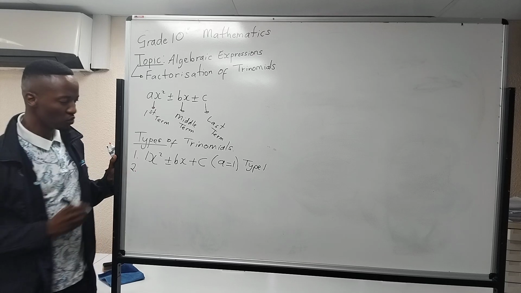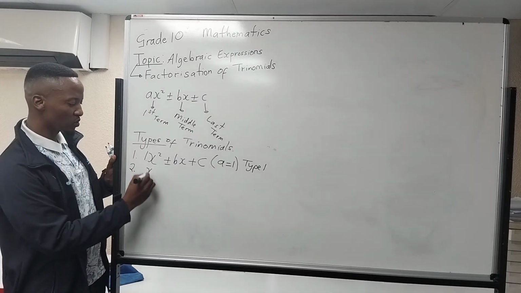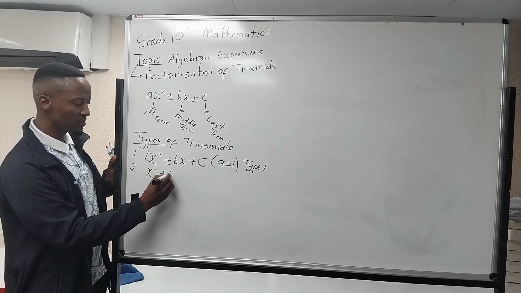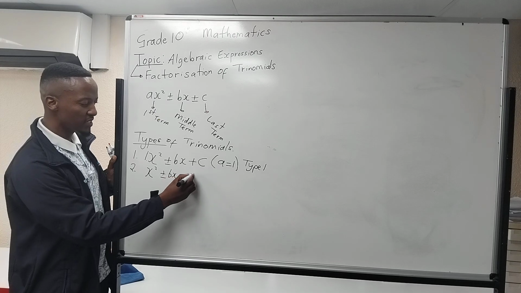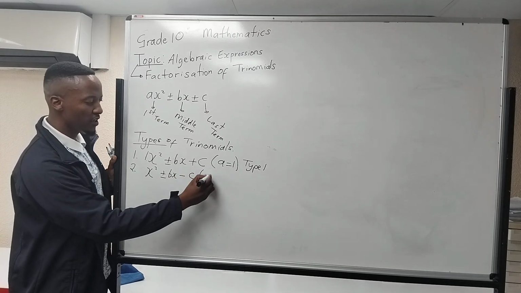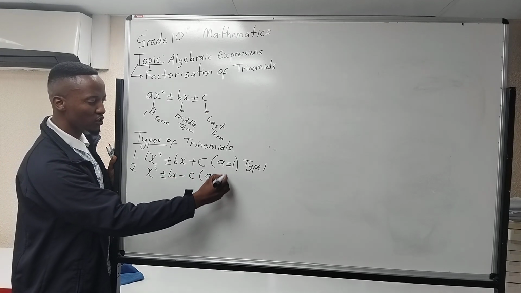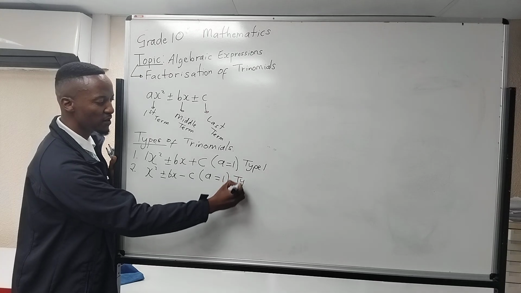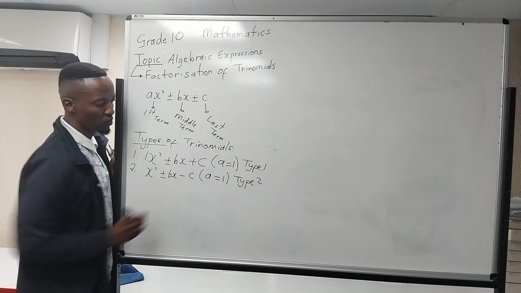Type number 2, we have x squared plus or minus bx minus c, where the value of a is also equal to 1. This one is type number 2.